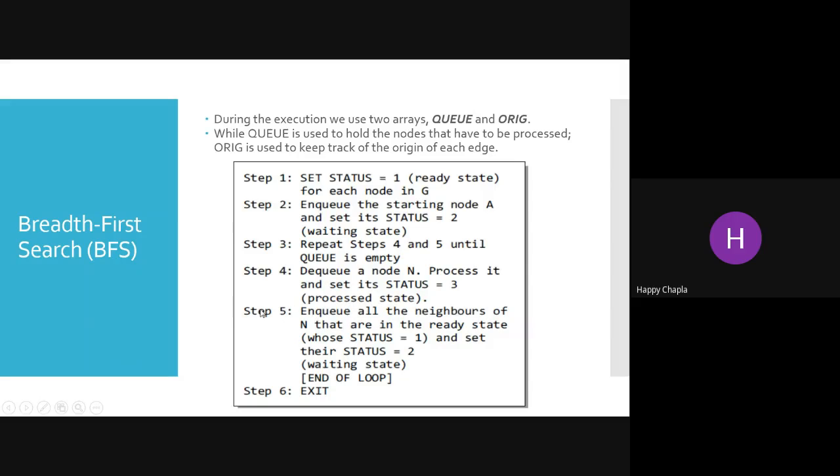Step number 5, enqueue all the neighbors of n that are in the ready state, whose status equals 1. And afterwards, if you want to visit that node, set their status equal to 2, that means waiting state. Okay. And one more time, go over here, check the if condition, like if my queue is not empty, we have to follow the same situation.